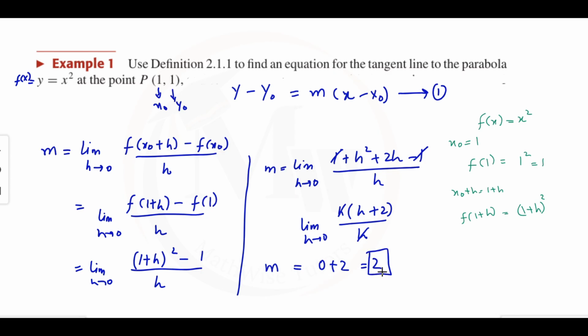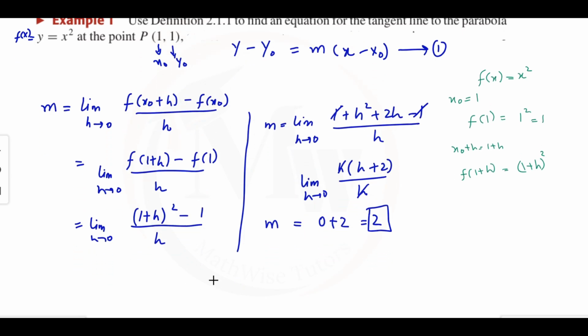Now we need to plug this slope value into the equation, along with the x naught and y naught values. According to this, the equation of the tangent line becomes y minus 1 equals 2 times (x minus 1).